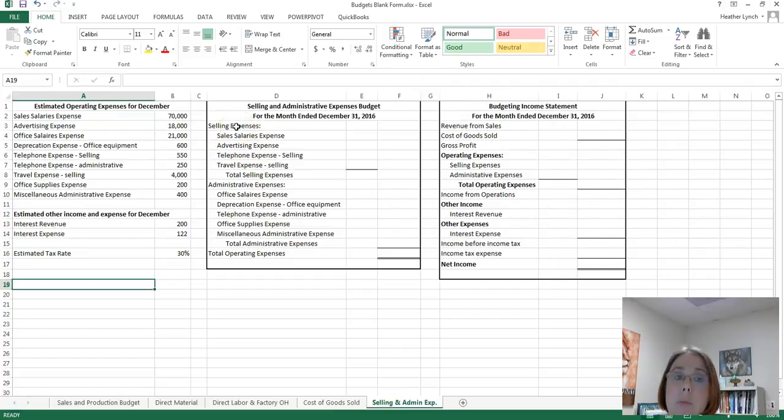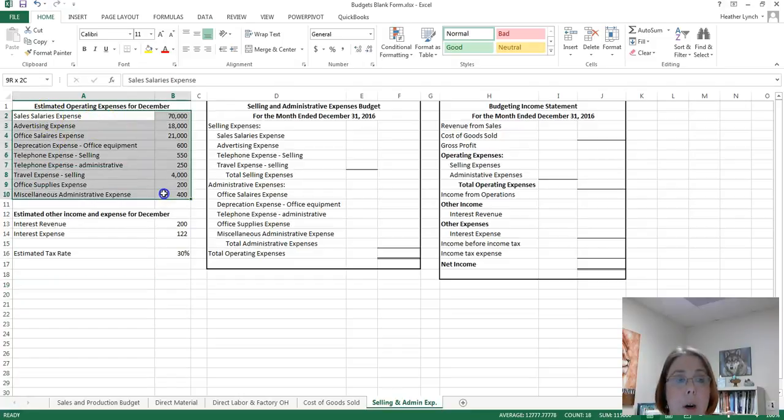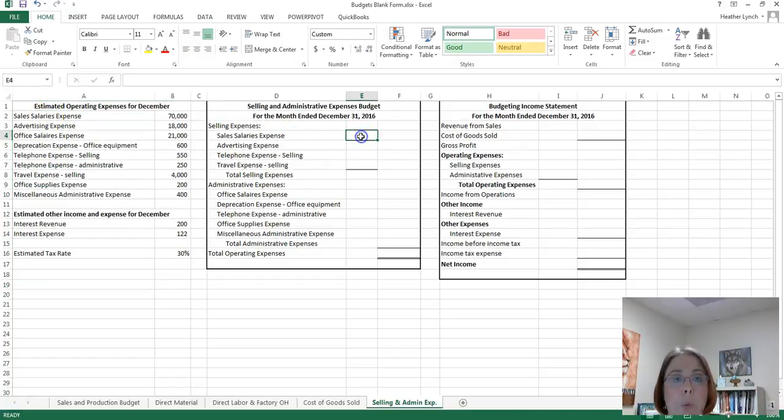So selling administrative expenses, they've provided us an estimated operating expenses for December. So we can list selling expenses, sales salary. So you need to pay your salesman. Advertising, that's part of your selling. If you don't advertise, you don't sell.